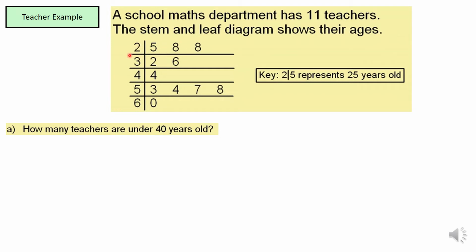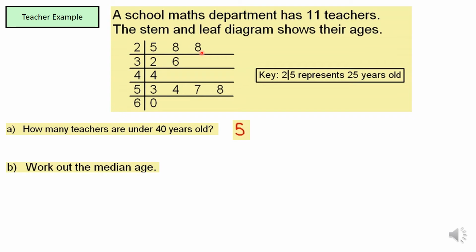So you have twenty-something, and thirty-something you have two of them, 32 and 36, and there is no more. So altogether, you have 5 people who are younger than 40 years old.